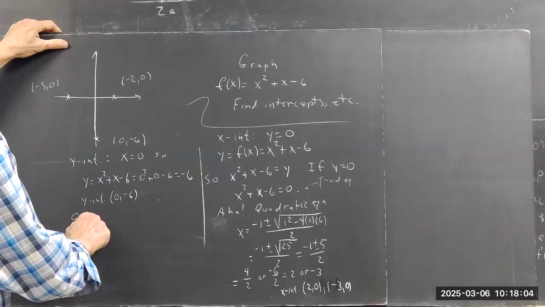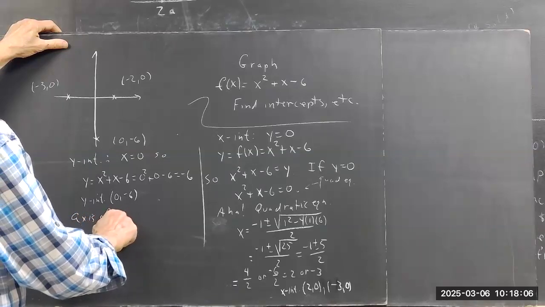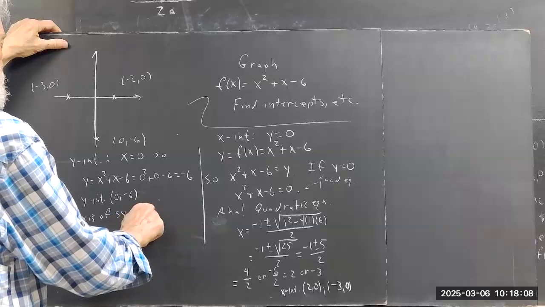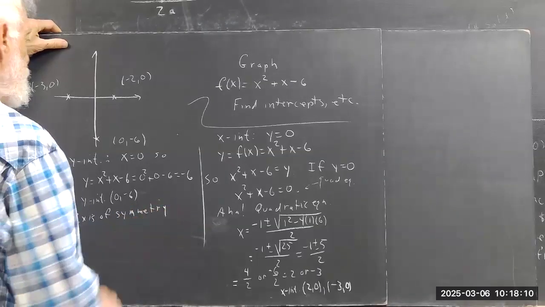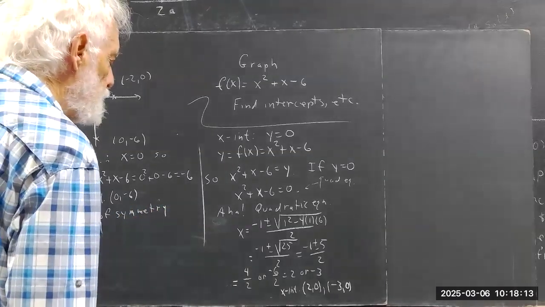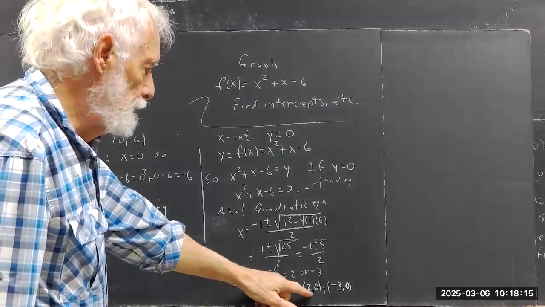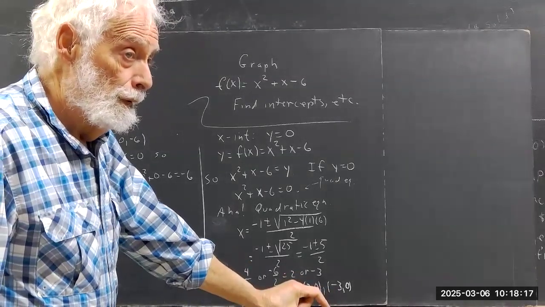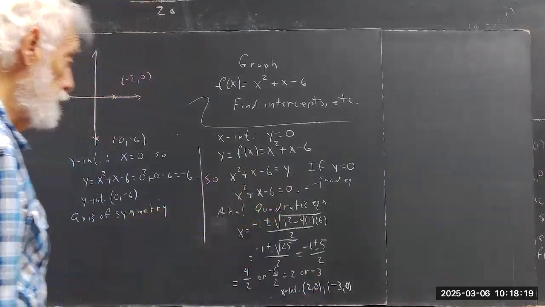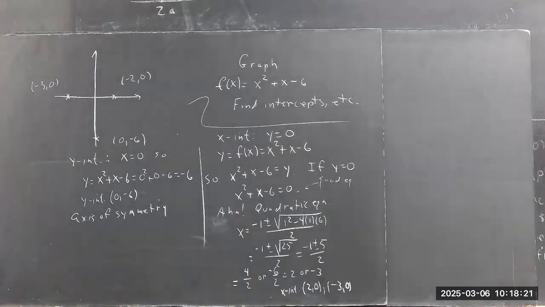Then the axis of symmetry. Two ways to get it. It's halfway between 2 and -3. So you can just add 2 and -3 and divide by 2 and get -1/2.